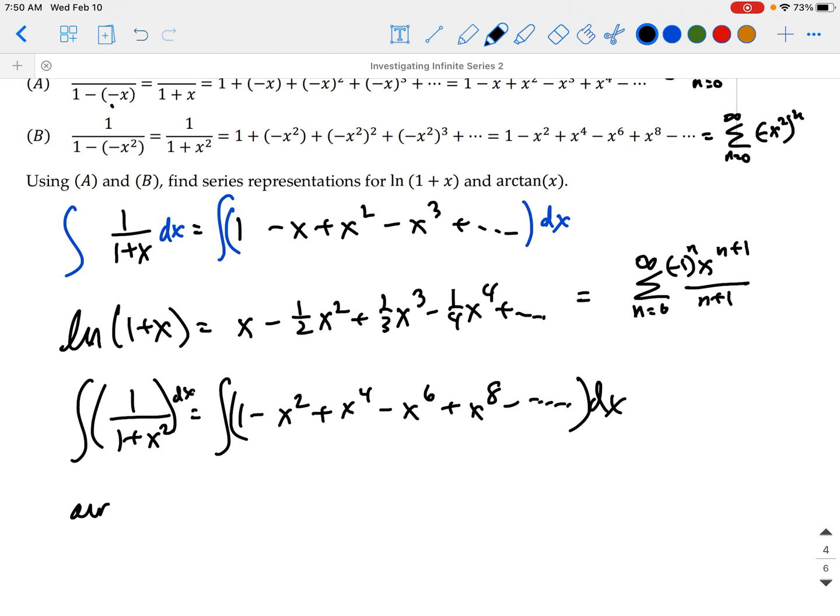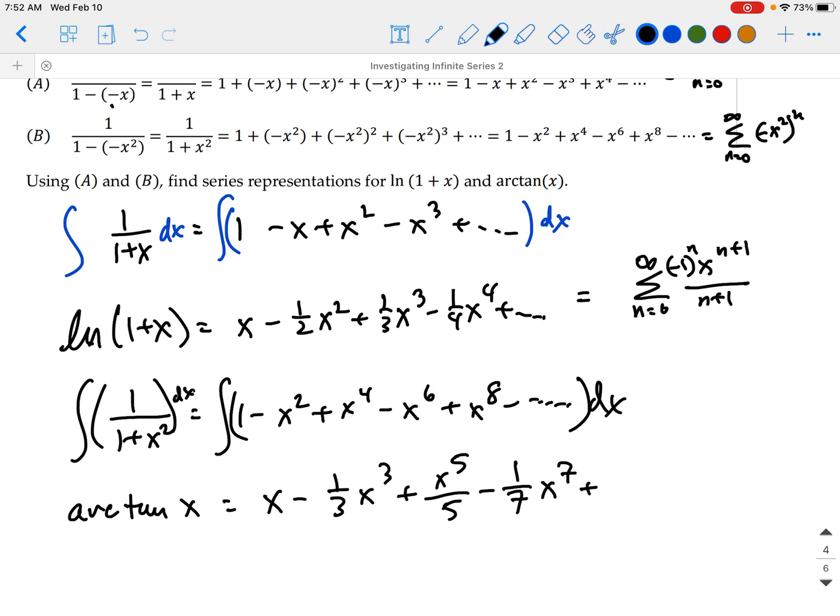And so we'll end up with arctan of x is going to be x minus 1/3 x cubed plus x to the 5th over 5 minus 1/7 x to the 7th plus 1/9 x to the 9th.